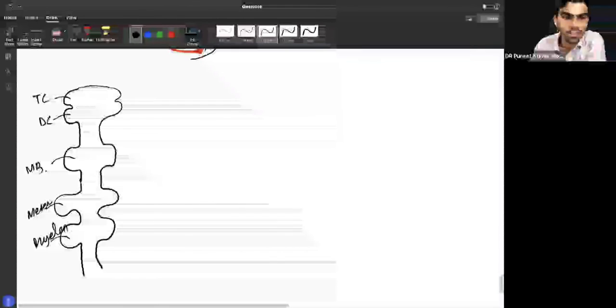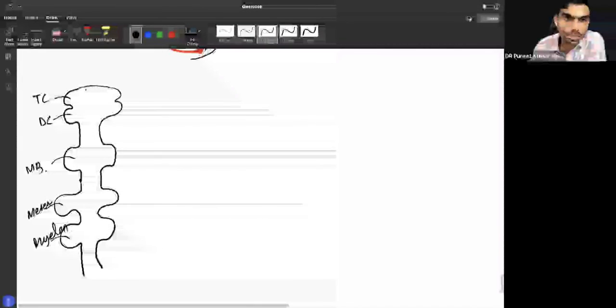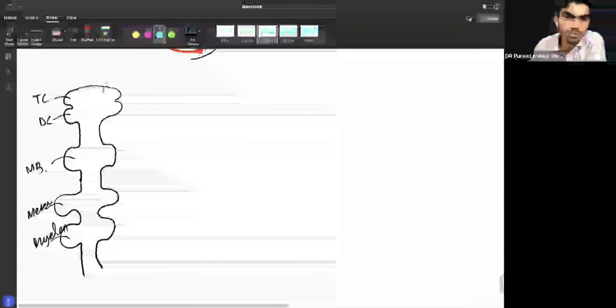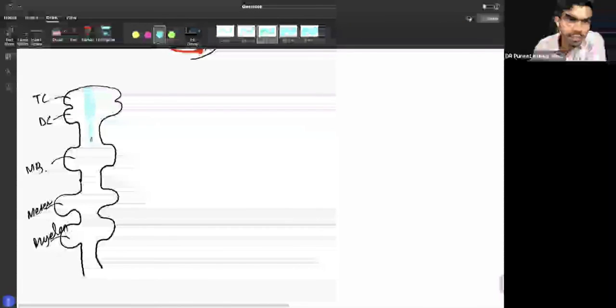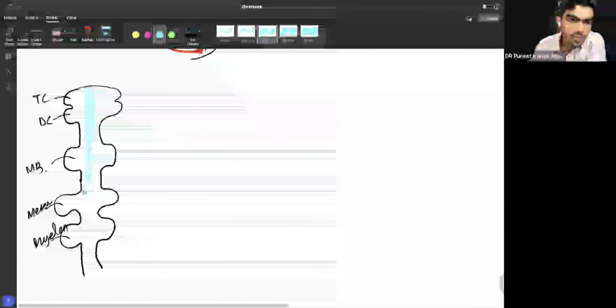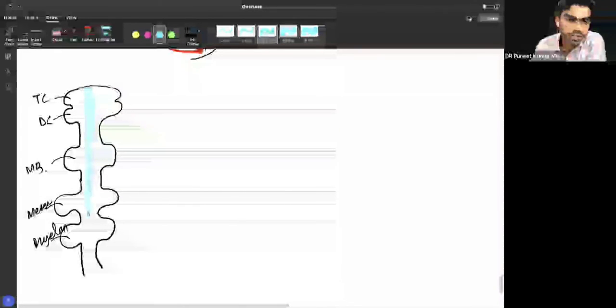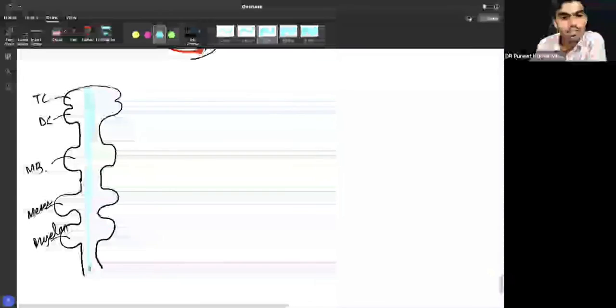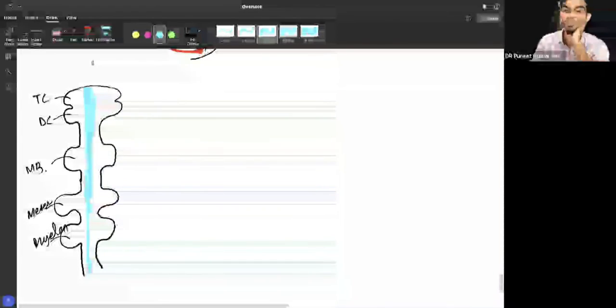All these are the neural tube swellings. And the mid portion is the cavity, and the cavity contains the CSF fluid.